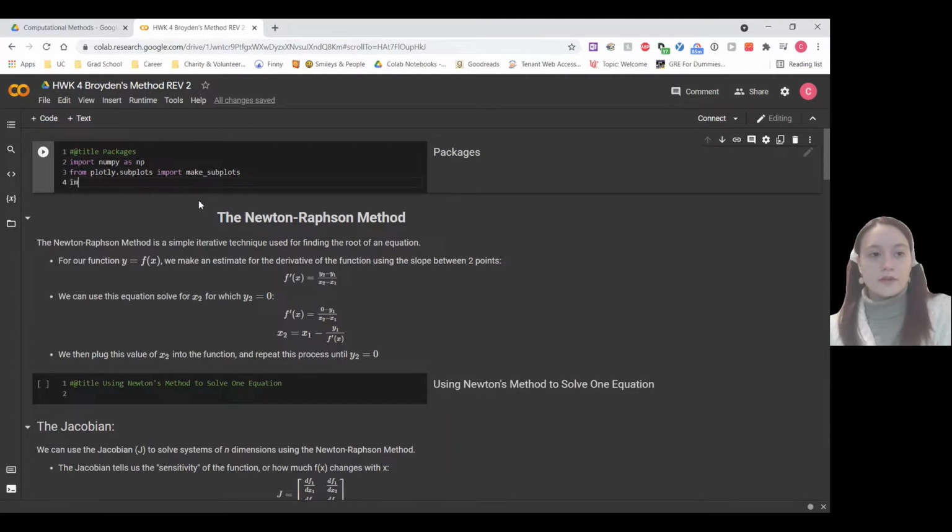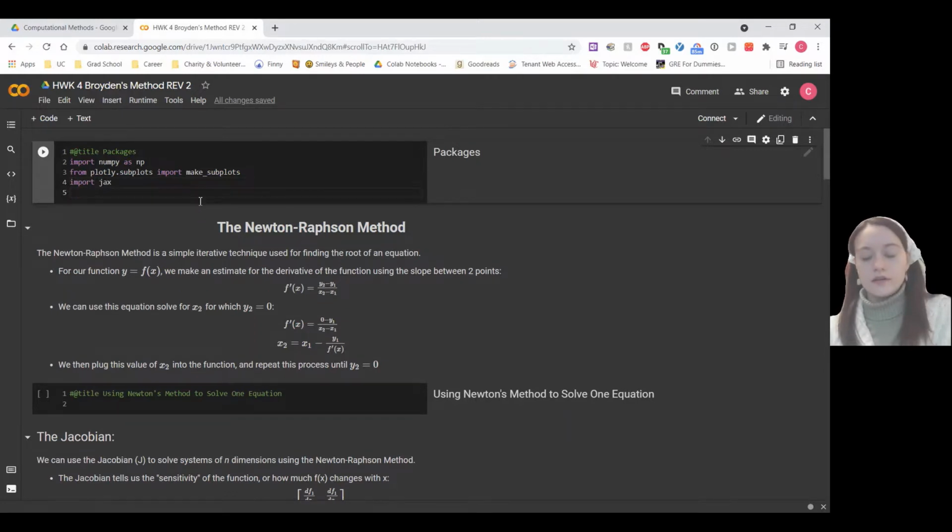We're also going to be importing the JAX Python library, which we'll be using for performing automatic differentiation in the Broyden's method calculations. Need to import jax.numpy as jnp.